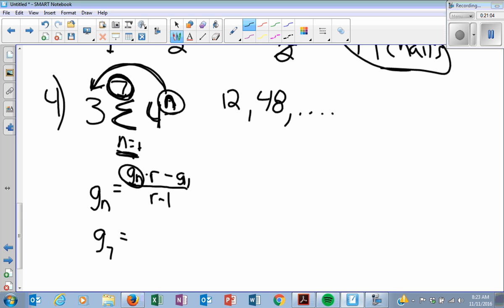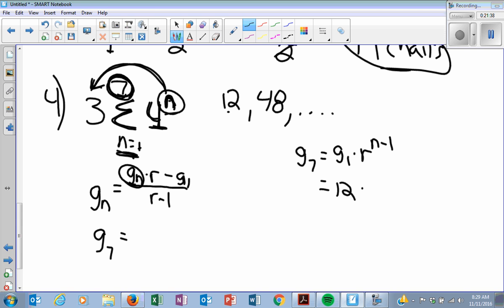The explicit formula, which says, for geometric, G7 is going to equal G1 times R to the n minus 1. What's G1? 12. So the first term was 12 times, what's my common ratio? 4. 4 is the common ratio.